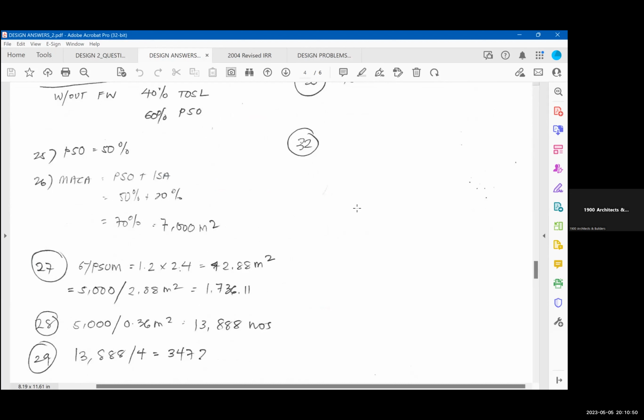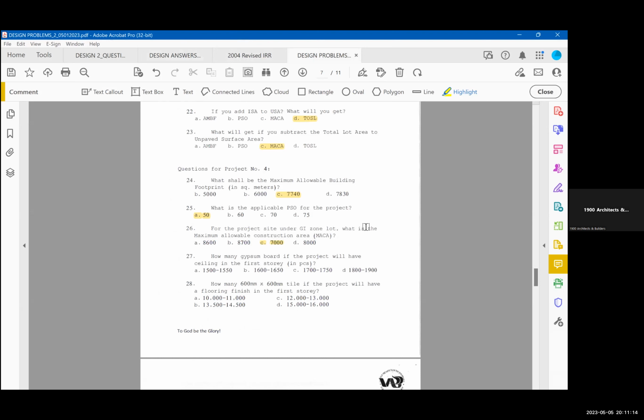Nakuha nila yung sizes ng mga materials. 1.2 by 2.4 is a standard. So, kukumpitin natin. For 5,000, kasi yun yung AMPF. So, divided by 2.88. So, ang lumabas ay 1,736. Ito, letter C.